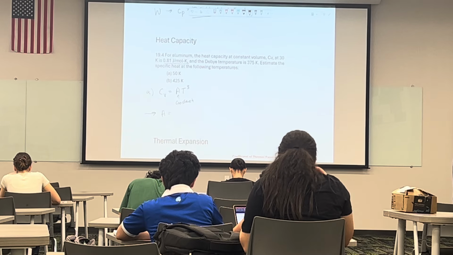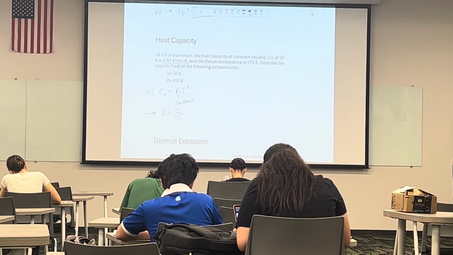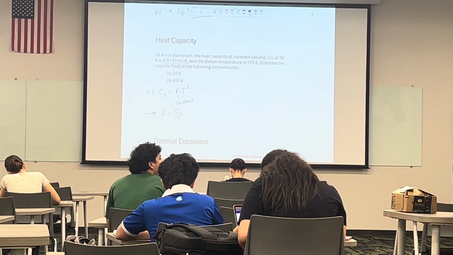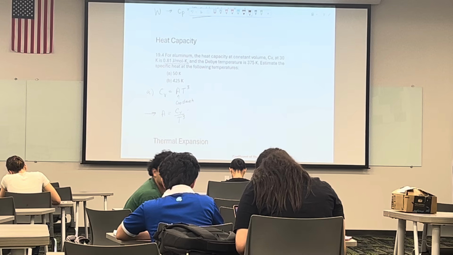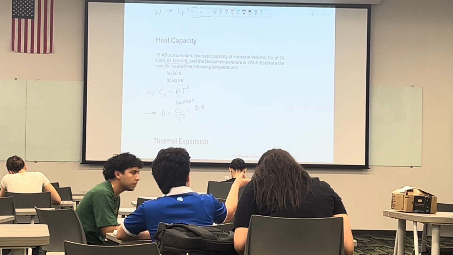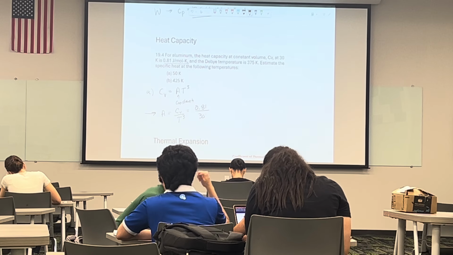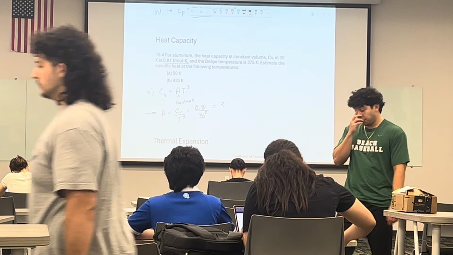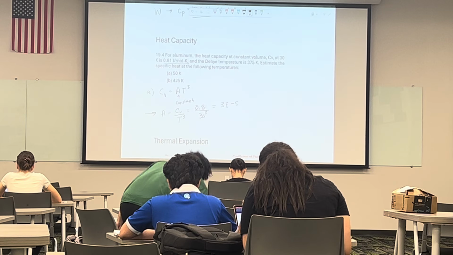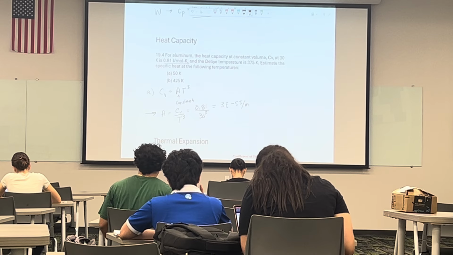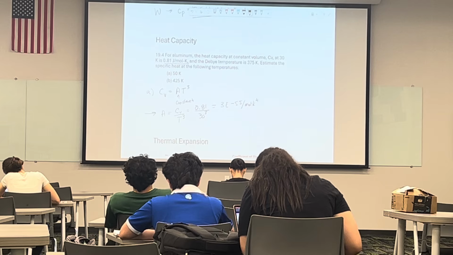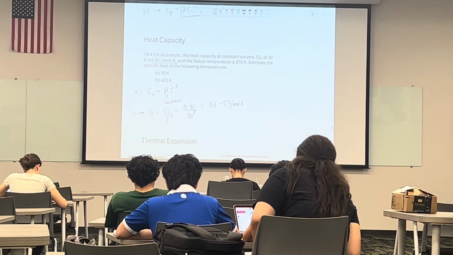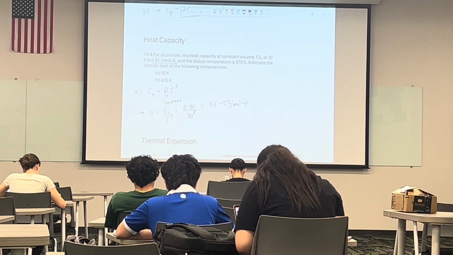So we're just going to rewrite the equation. It should be T cubed. Plugging in the values here, this is our 30 Kelvin cubed. We should end up with 3 times 10 to the negative 5 joules per mole Kelvin to the 4th. Okay, rewriting this so it's a little more clear.